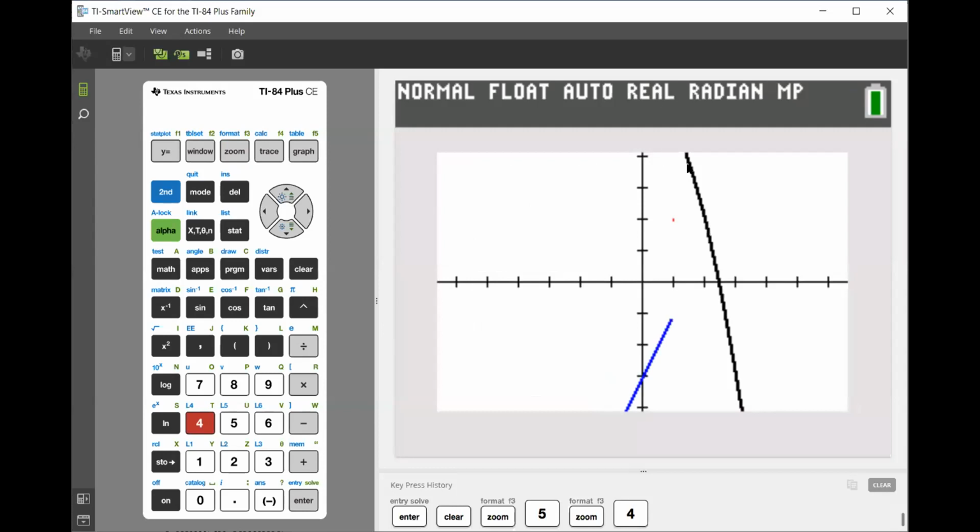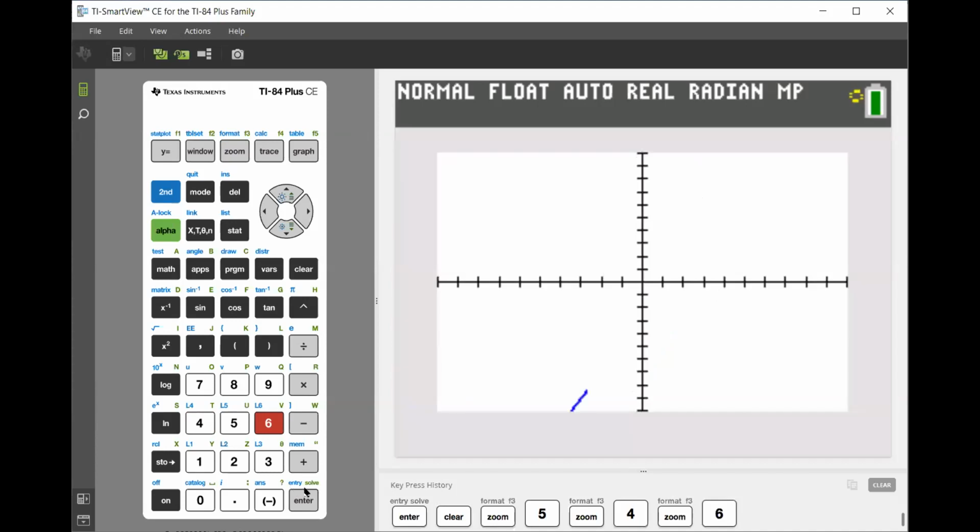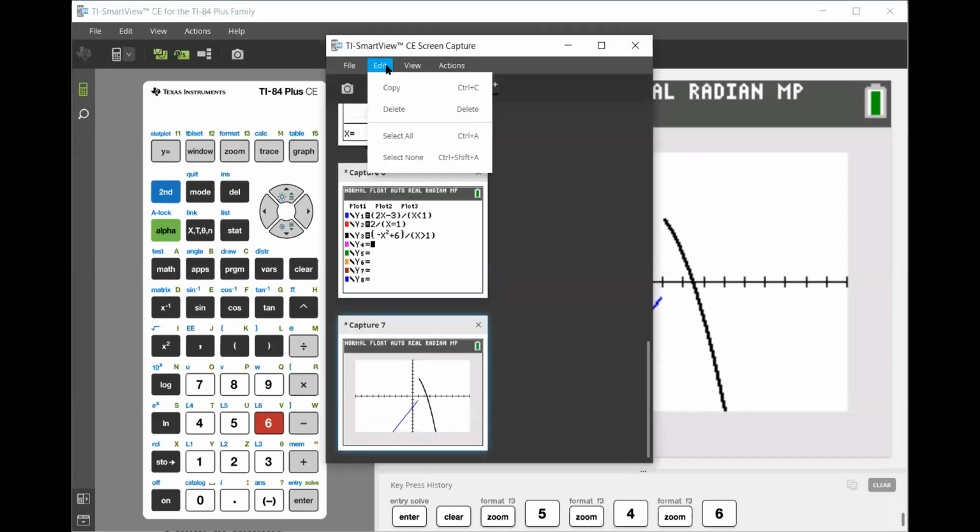But this is a window that is called a friendly window. It just means that the pixels have the same ratio, and so I can actually see that point. Not a big deal, but I can't see everything I need to see, so I'm going back to zoom standard. All right, because in reality, it doesn't really matter that I can't see that point.